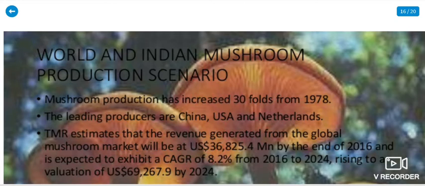The NMR state that revenue generated from the global mushroom market is 36,825 tons US dollars in 2016 onwards.